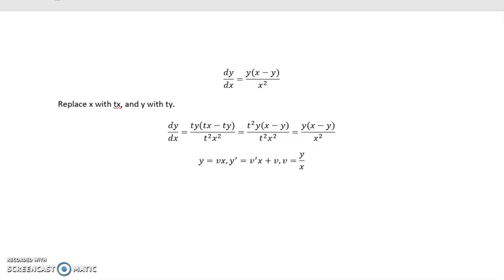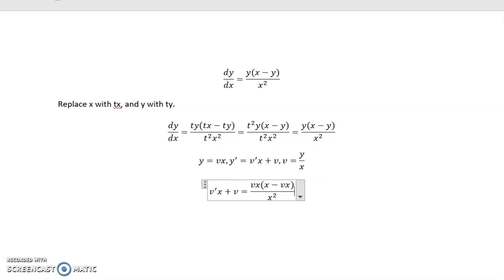All right, so on the left side of the equation, we're going to substitute our v prime x plus v for our y prime. And on the other side of the equation, we're going to make our substitution. So y becomes vx, and then in our parentheses, we have x minus vx. And then in the denominator, we just have our x squared.